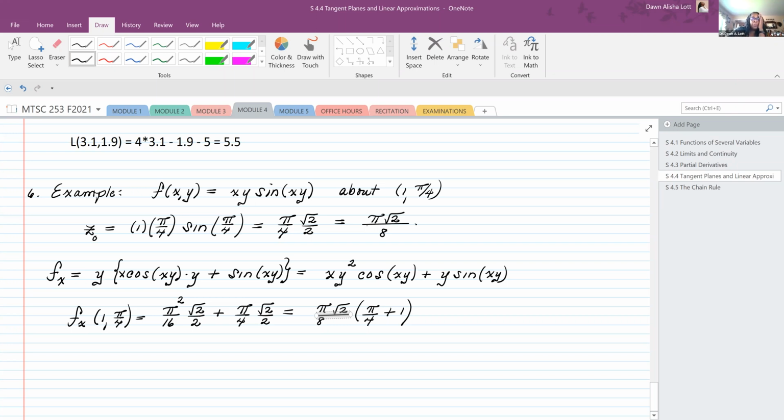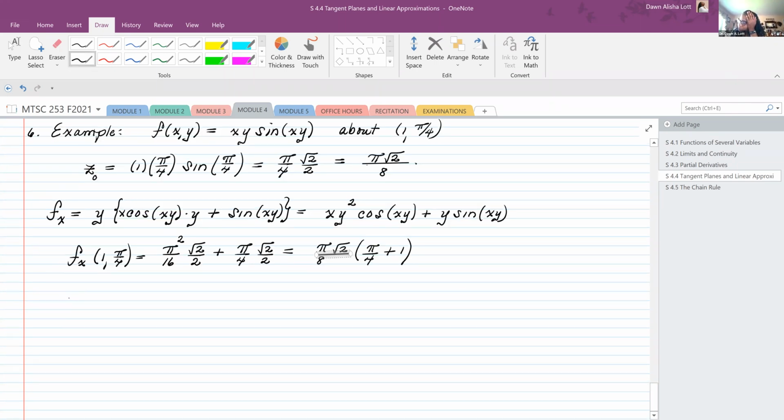Okay. Then f sub y is actually the same thing, except the x's and y's are switched. So that's going to be x squared y, the cosine of xy, plus x times the sine of xy.